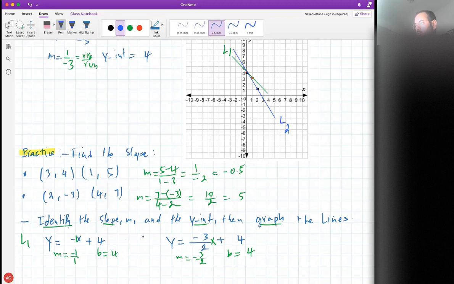Line 2 is steeper than line 1. They both fall from one side to the other. Line 2 is steeper, the angle is wider, it's closer to the y-axis. The closer to the y-axis, the steeper.